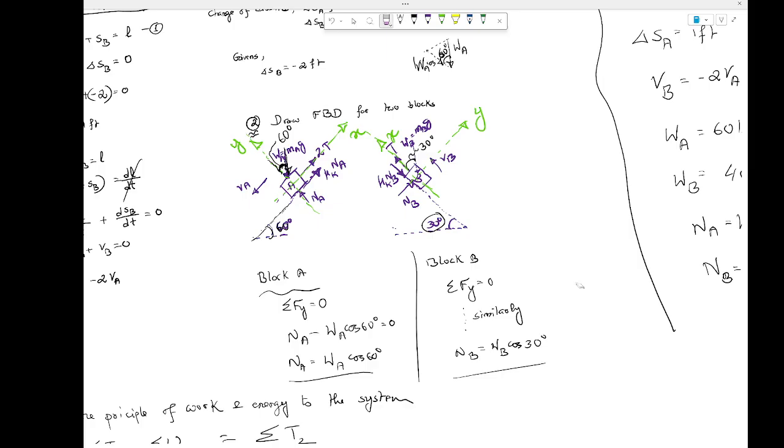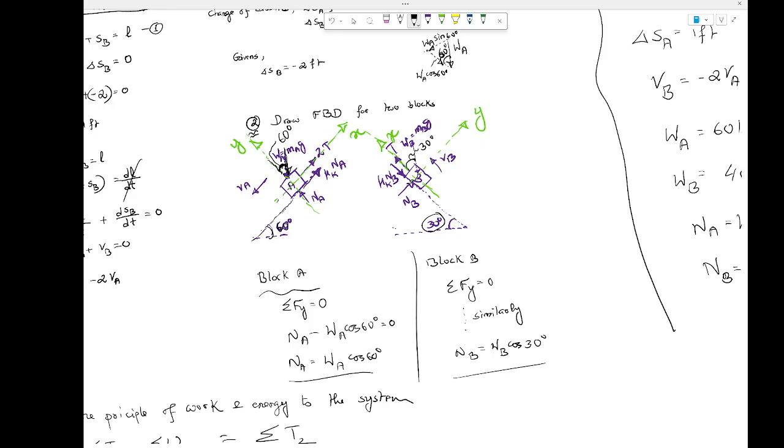Let me redraw it. So that one should be W_A cos 60. And this one should be what? W_A sine 60. Everyone understand?